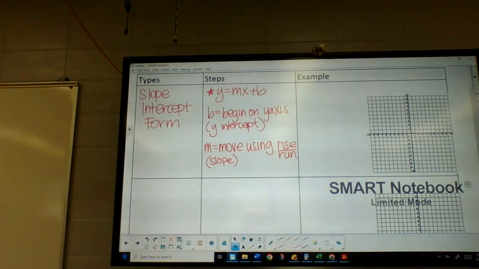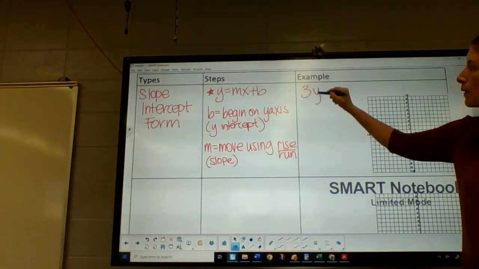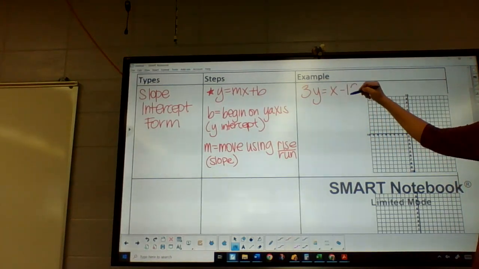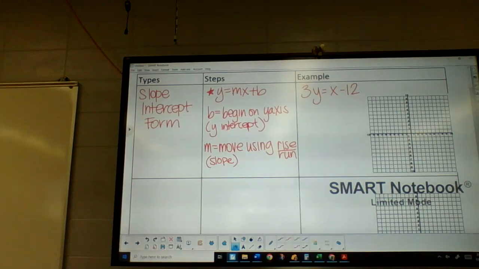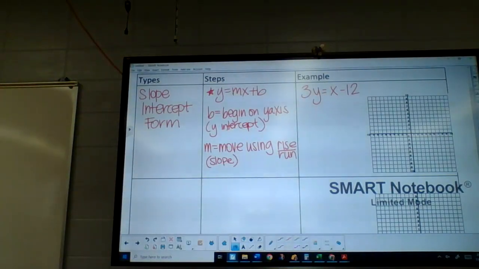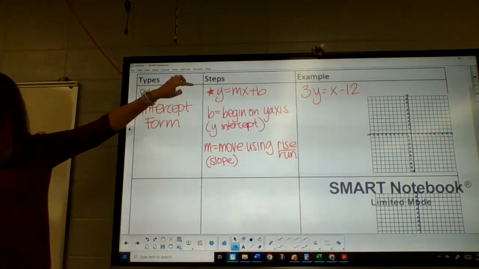And so we'll do a problem that we have to do a little bit of work for first here. So we have 3y equals x minus 12. We're going to graph this. So 3y equals x minus 12. So I have to first get it as y equals mx plus b.